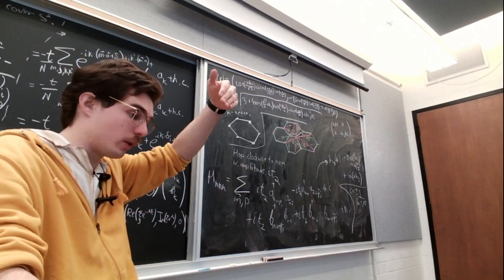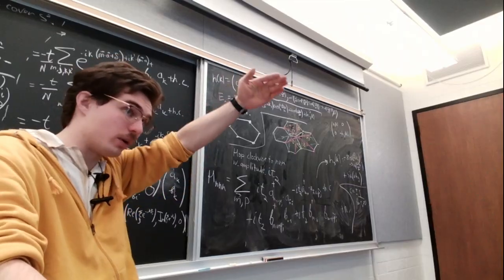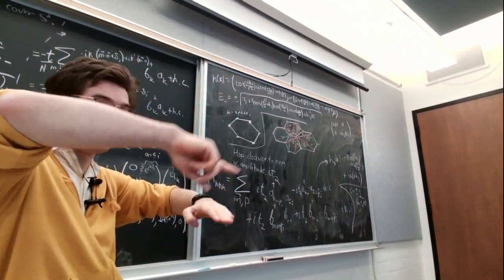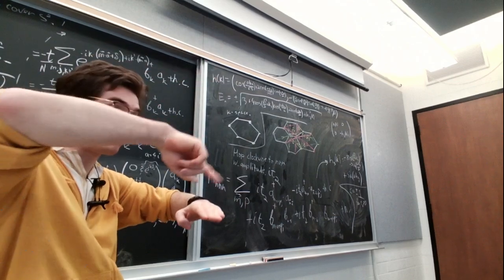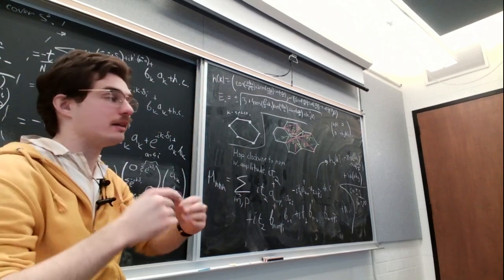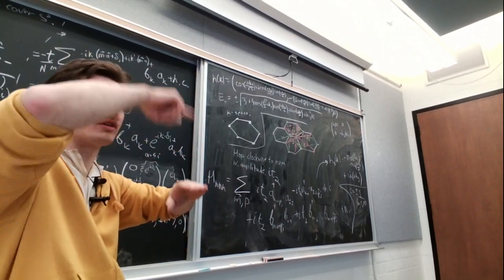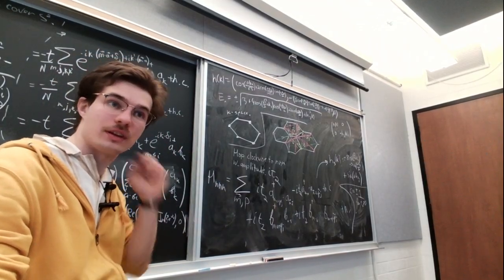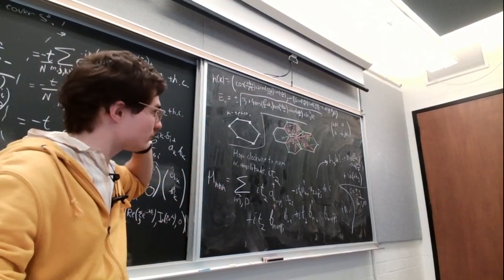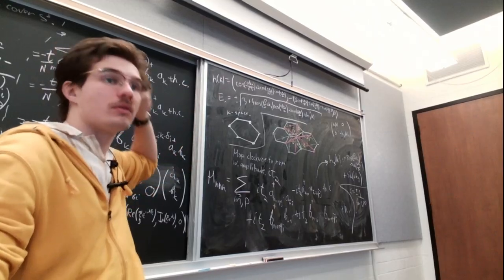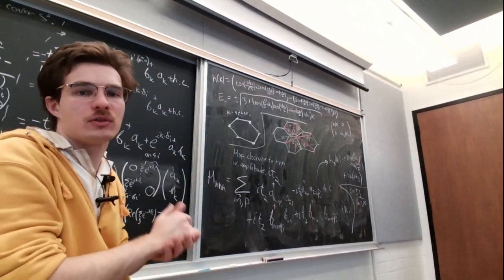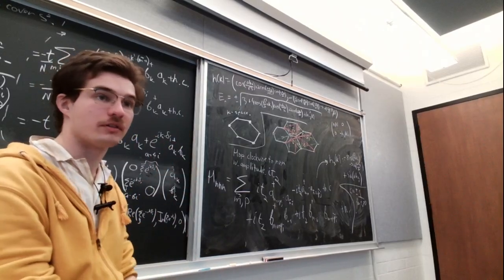I have some way to get from one side of the sample to the other. In this case, it's by going around the boundary, and this can only happen in integer amounts of the Chern number. So this also captures quantum Hall physics in some sense. And here we came up with a particular tight binding model, the Haldane model, that does this. There are other tight binding models you can cook up, but this is the first one people thought of.